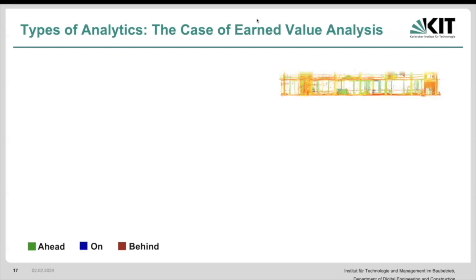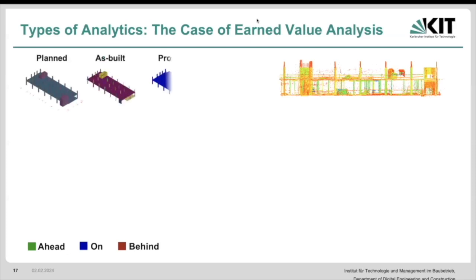So I'll give an example as we go through these 4 types of analytics using earned value analysis and point clouds. Every time that we monitor, we go through all of those processes of collect, process, scrub, and analyze, right? We get to this point.